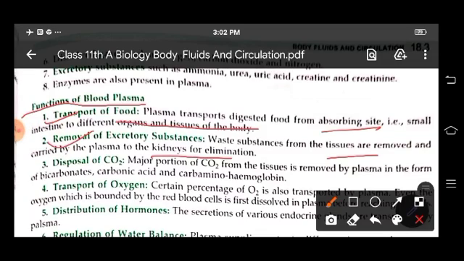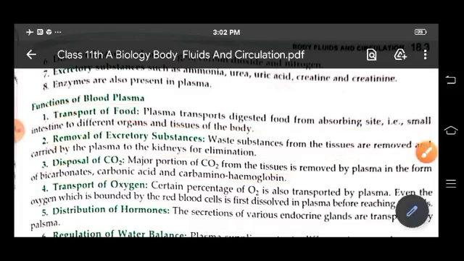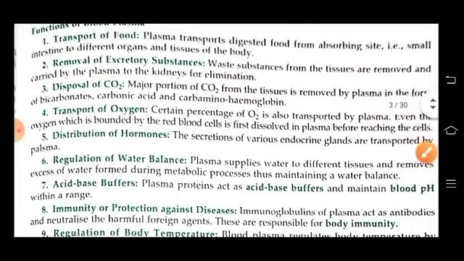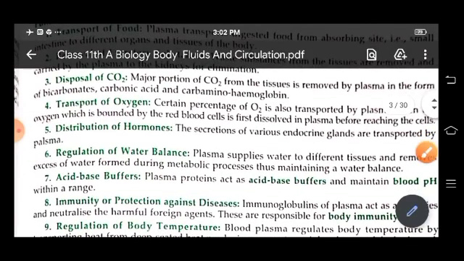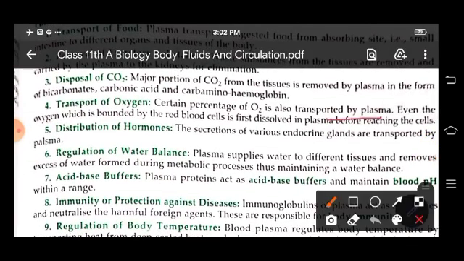It also removes carbon dioxide from the tissues in the form of bicarbonates, carbonic acid, and carbaminohemoglobin. It also helps in transport of oxygen, because some percentage of oxygen is transported by plasma. It also helps in distribution of hormones.